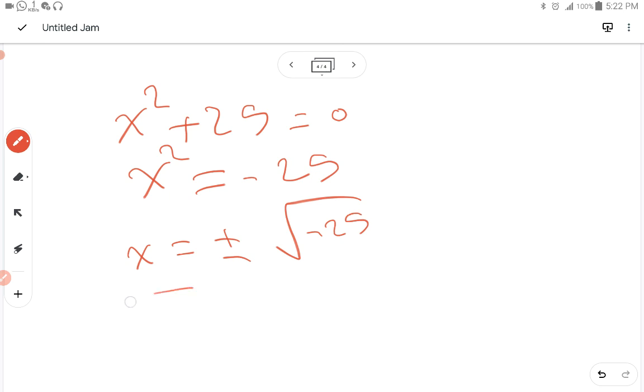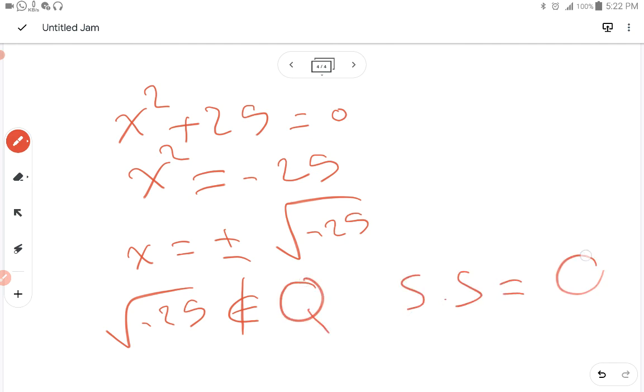Wow. Square root of negative 25 does not belong to Q. So the solution set is empty.